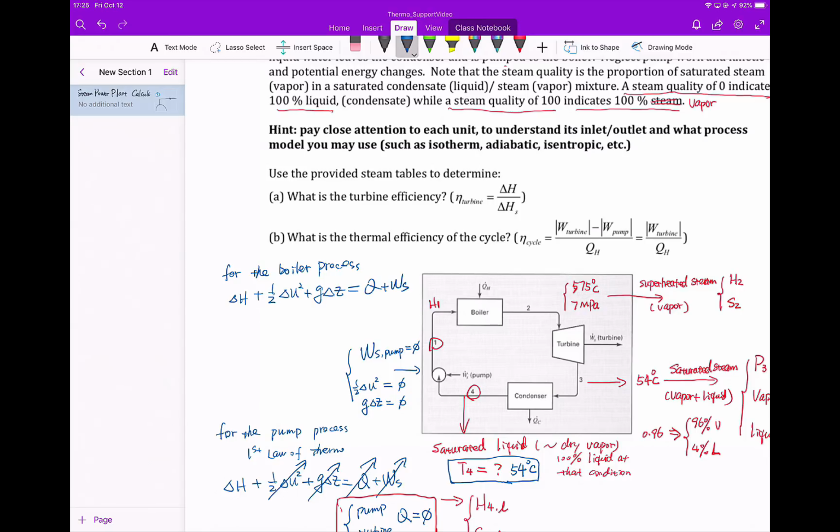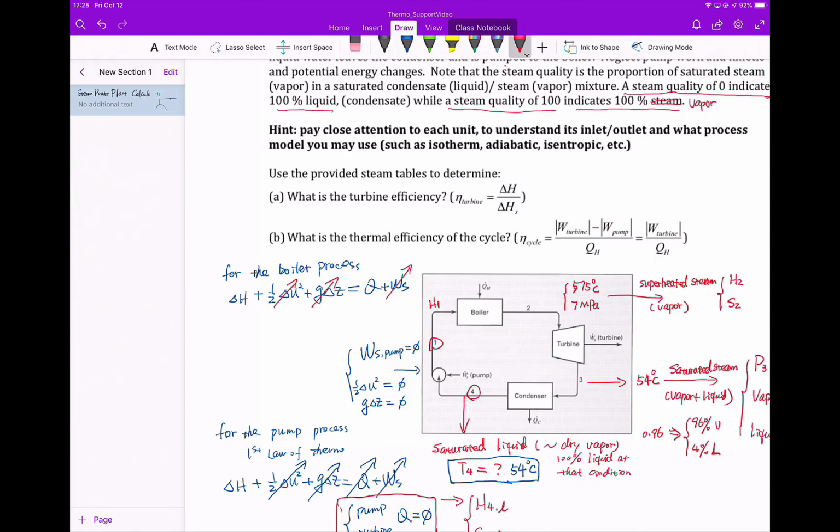For the boiler, no shaft work, right? No internal energy, no kinetic energy, no potential energy.